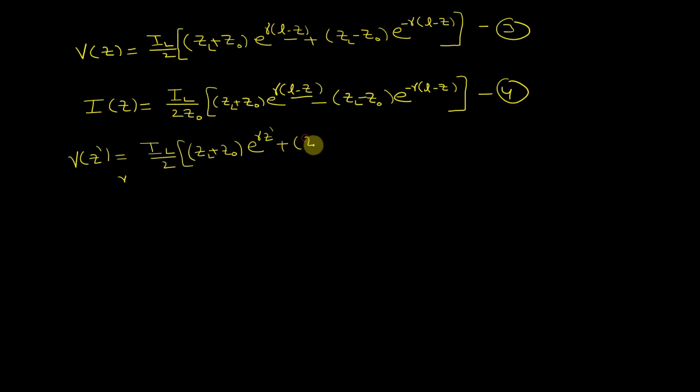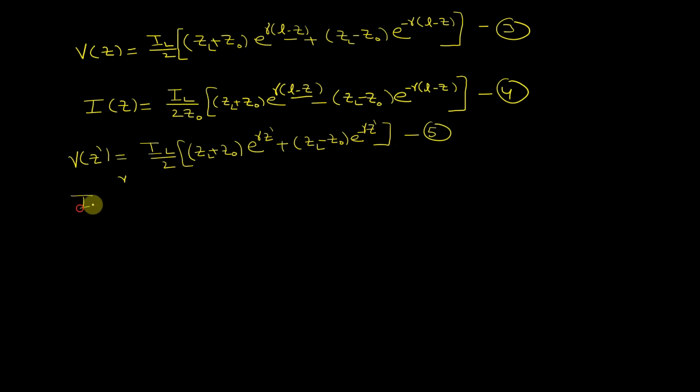Plus ZL minus Z naught, e raised power minus gamma Z dash. So this is the value. Mark this equation as 5.